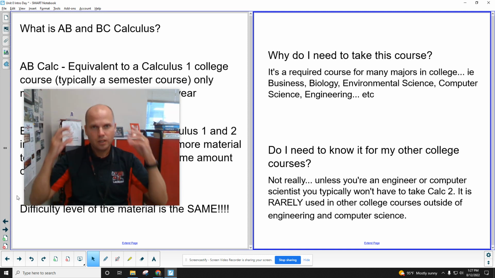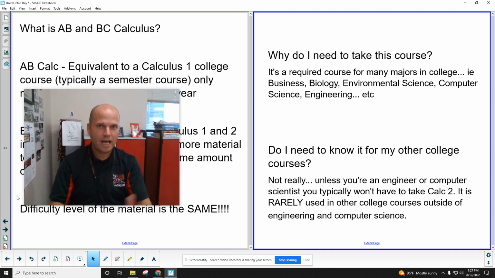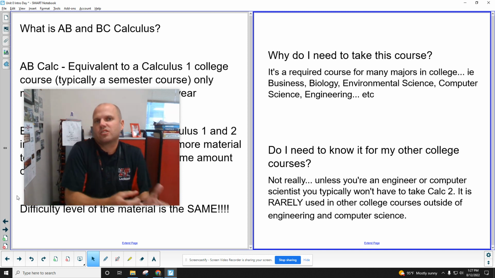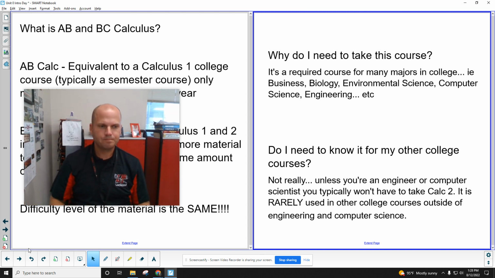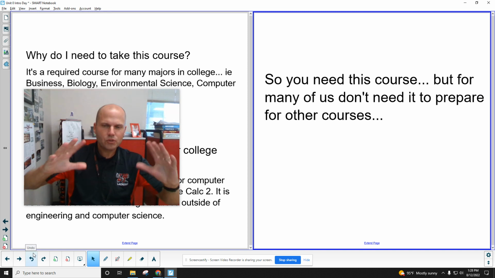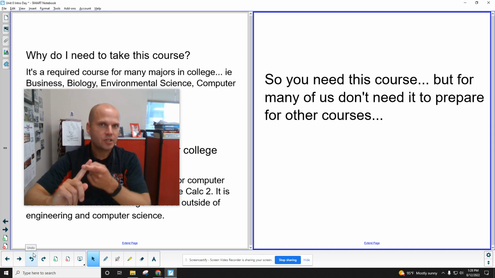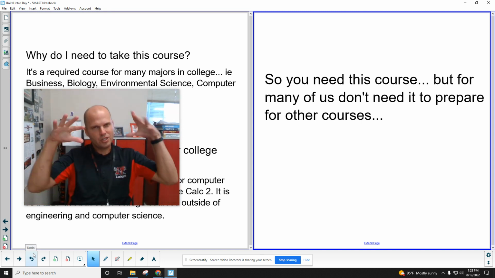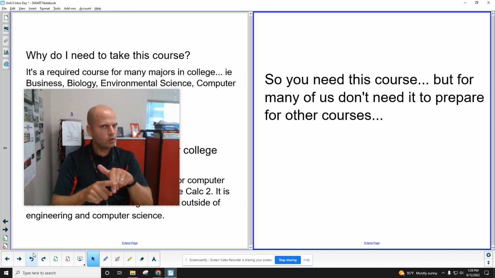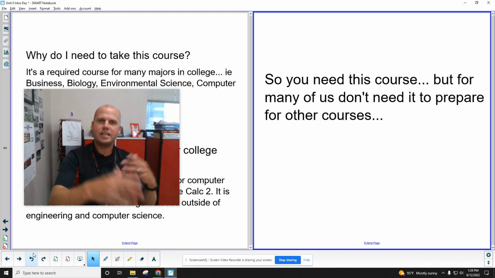It's good, like a brain workout. It's a tough course that can be applied in a lot of places, but not all those places actually use it. So for most of you, non-computer scientists and engineers, you need the course. It's a required course for a lot of majors, but you don't really need it after that.